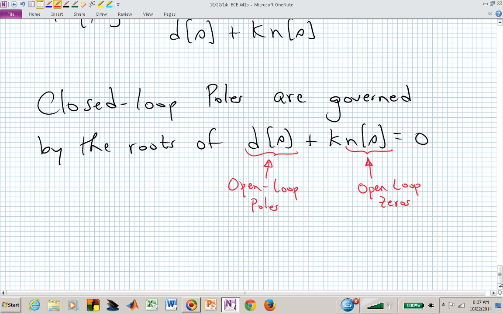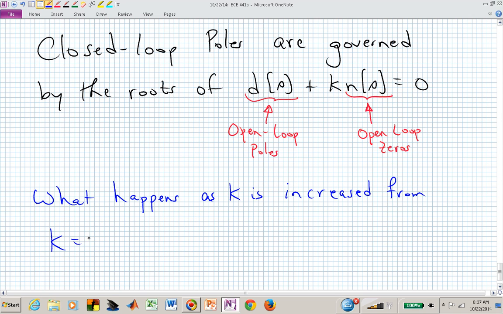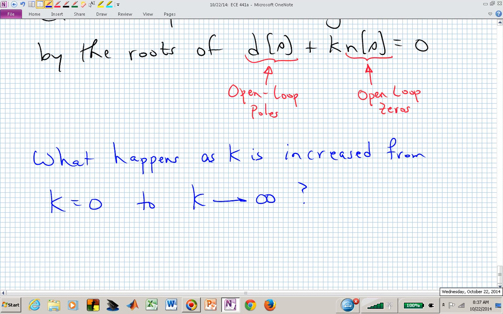We are asking now the question, what happens to the closed loop poles as K is increased from K equals 0 to K marching all the way to a really big number towards infinity? And that is this concept called the root locus.